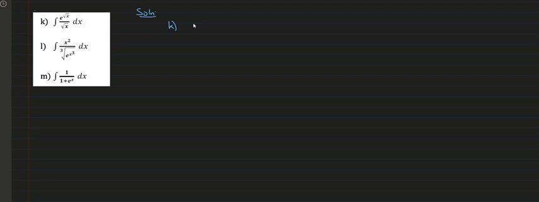We need to resolve these roots into powers, so we have e to the power of x, and instead of the square root it will be raised to the power of half, over x, instead of the square root, it will be raised to the power of half dx. Now we know that when we have e to the power of f, we need f dash beside.